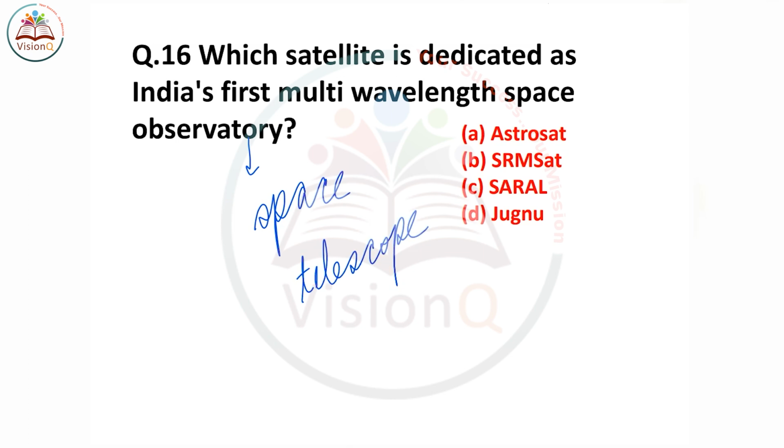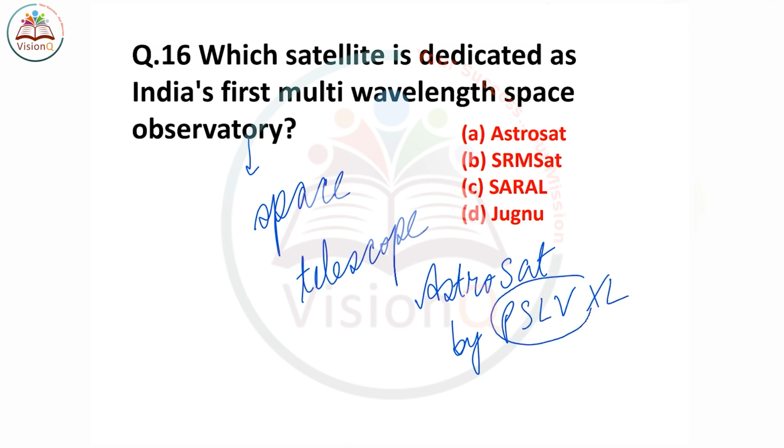The name of this satellite is Astro-satellite, or Astrosat 1, which was launched by the Indian launch vehicle PSLV-XL. The PSLV, that is the Polar Satellite Launch Vehicle, launched this satellite, Astrosat. It is India's first multi-wavelength space satellite or space telescope.